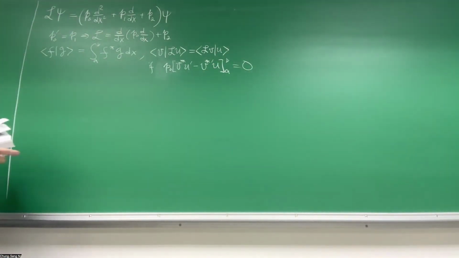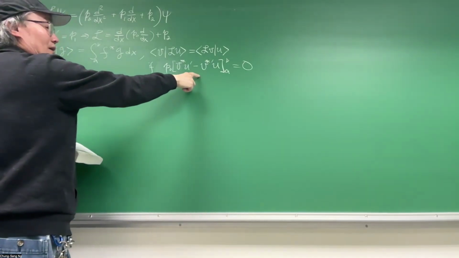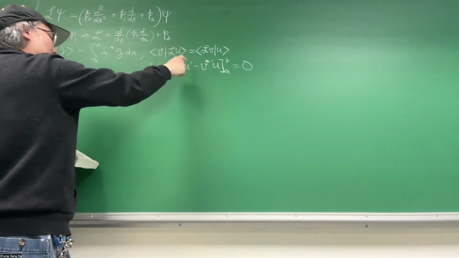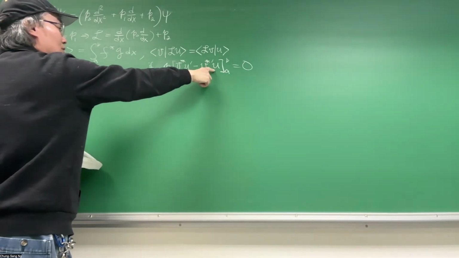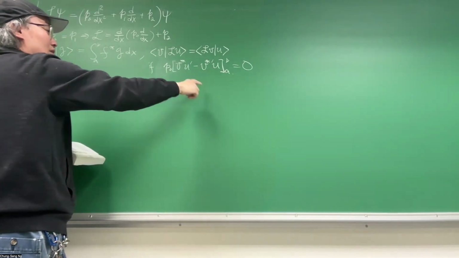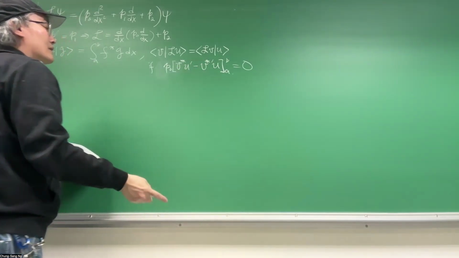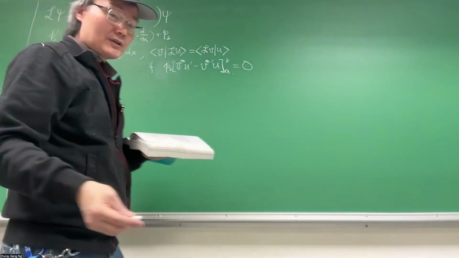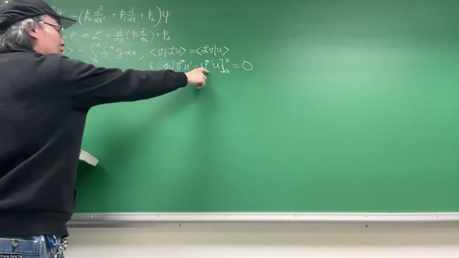So if there are no boundary terms, there are 3 ways to satisfy that. Either the function is 0 at the boundary, so U and V are 0, that would be 0, or the derivatives U prime and V prime are 0. The first case would be the Dirichlet boundary condition. The second is the Neumann boundary condition.